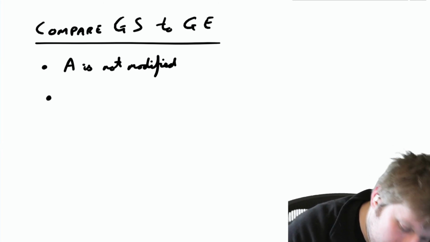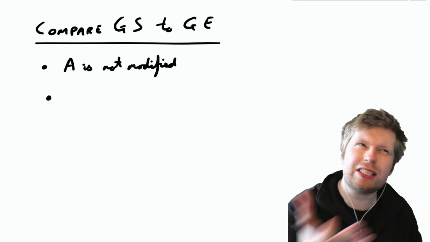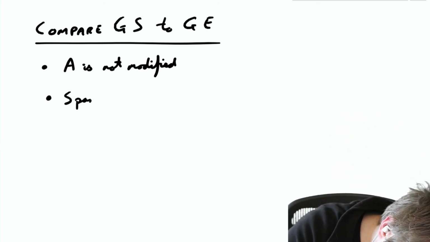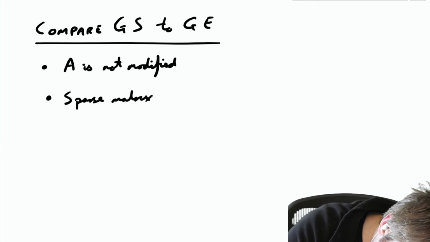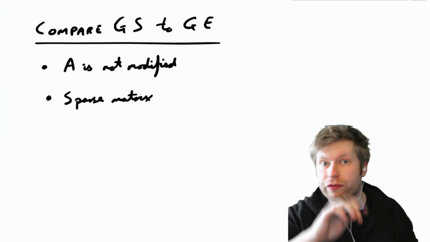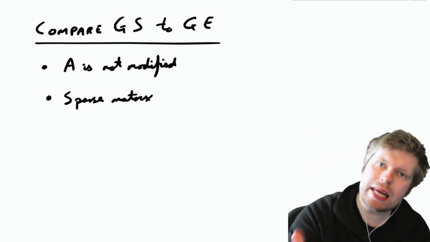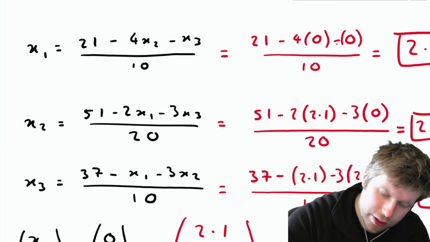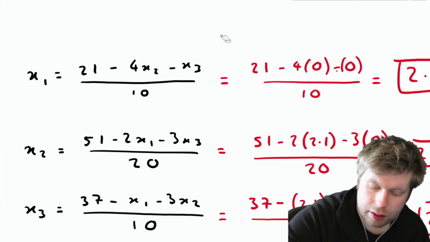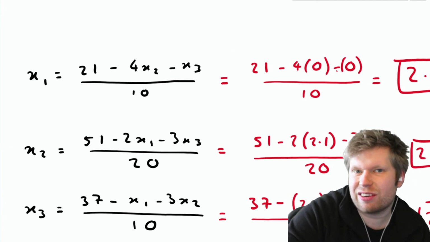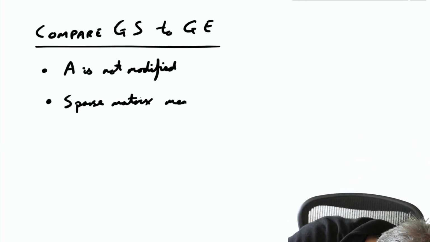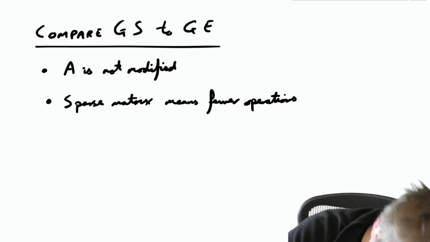The other thing that we can take advantage of with Gauss Seidel, and this is certainly true to some extent of Jacobi's as well, is the fact that we can make use of a sparse matrix. If we have a really, really big matrix that is sparse, in other words lots of zeros in our coefficient matrix, we can take advantage of that, because the equations we're calculating will have coefficients with zeros in, so we won't have many operations to do. So a sparse matrix means fewer operations, whereas we can't make use of that with Gauss elimination.